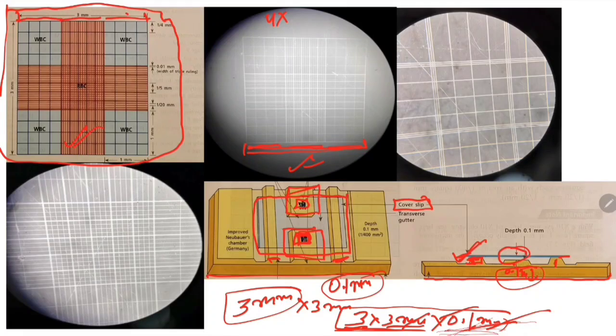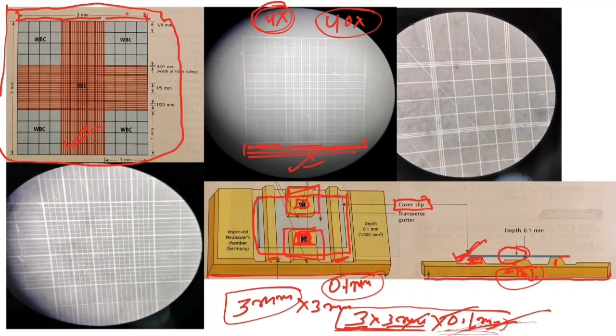Total magnification: if we use 4x, then 4x into 10, so total magnification will be 40x. How 40x? We are going to put this slide under the microscope and the total magnification is 40 times. We use the objective lens with 4x power.